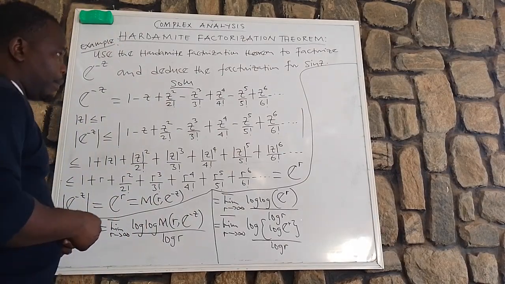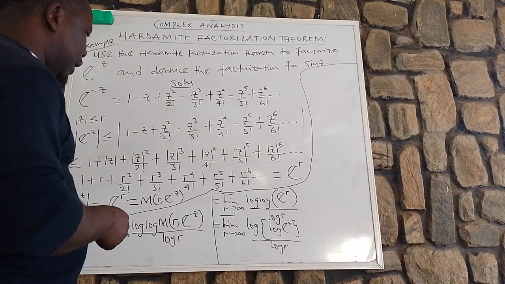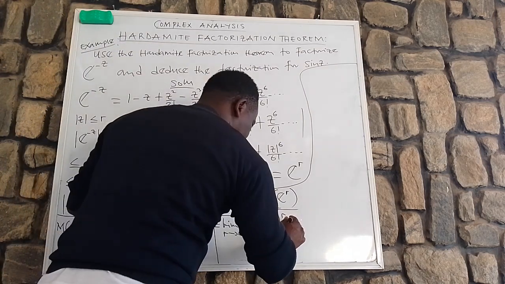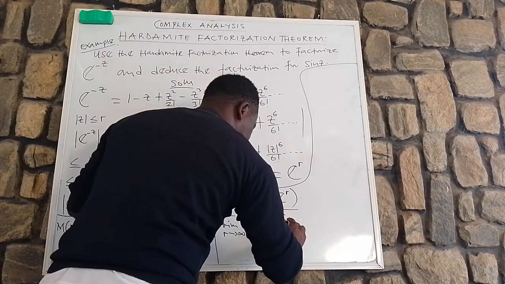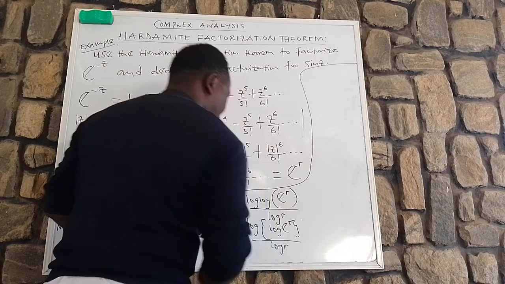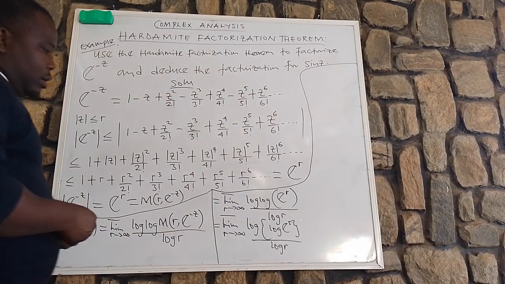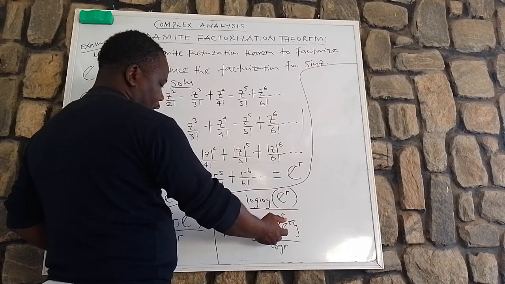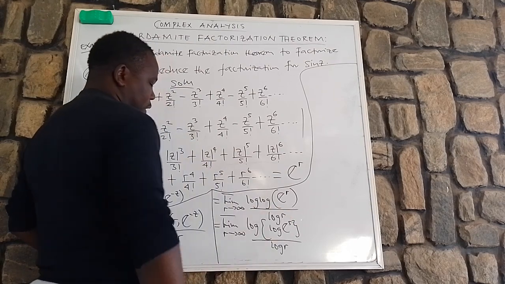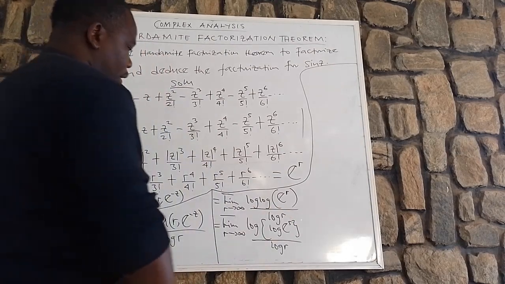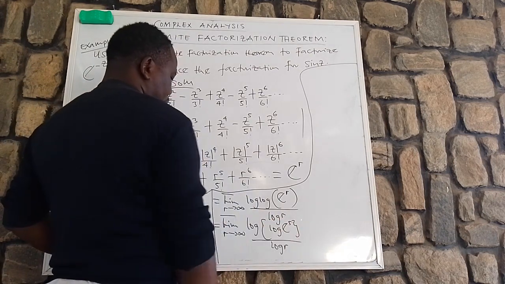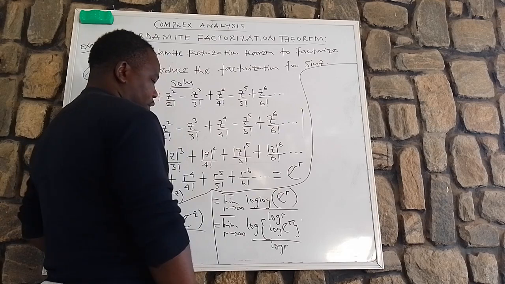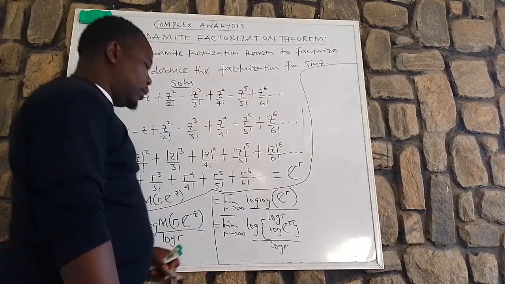You agree with me? So if you agree with me, it implies that this is r, this is r. Okay? Go back to the laws of logarithms, or this is the same thing as log exponential r, which is going to give us what? 1 times r, two of us.